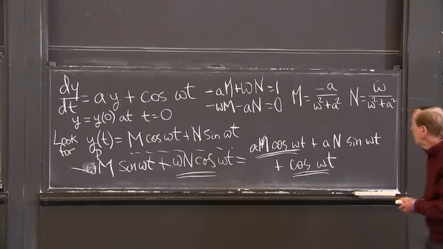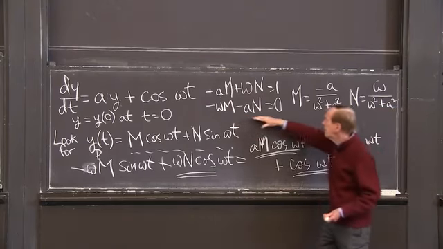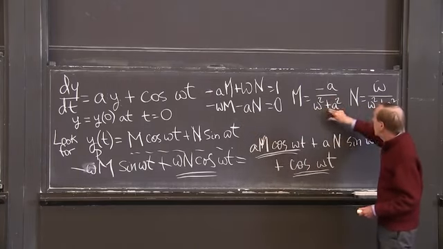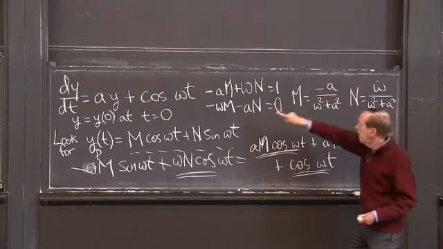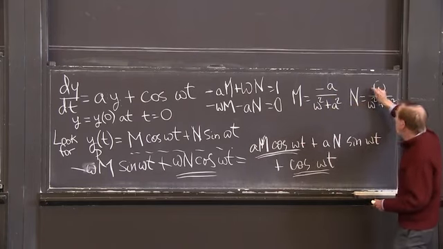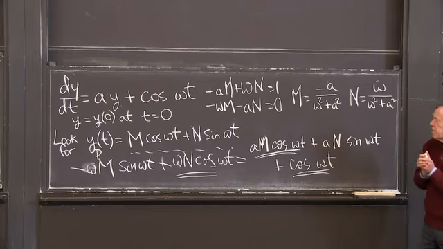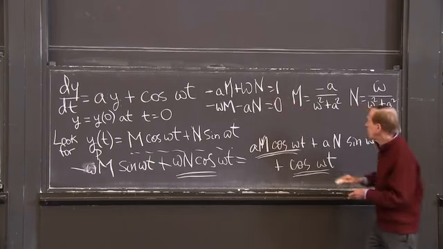If you check this equation, for example, omega times the m will give me an a omega with a minus, and then a times n will also have an a omega. And with the same omega squared plus a squared, they cancel to give 0. And this equation is also solved.